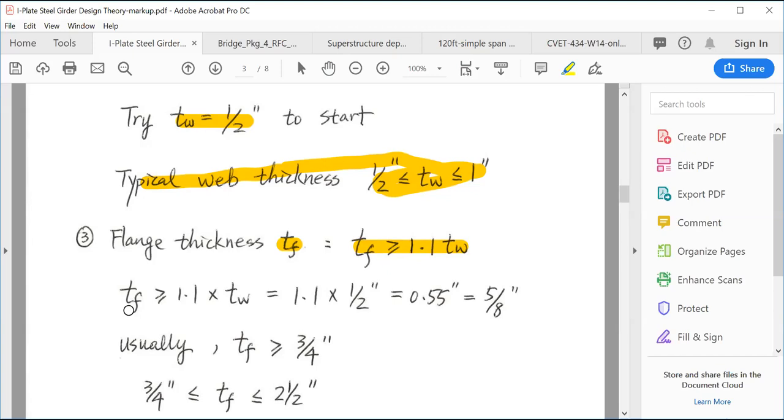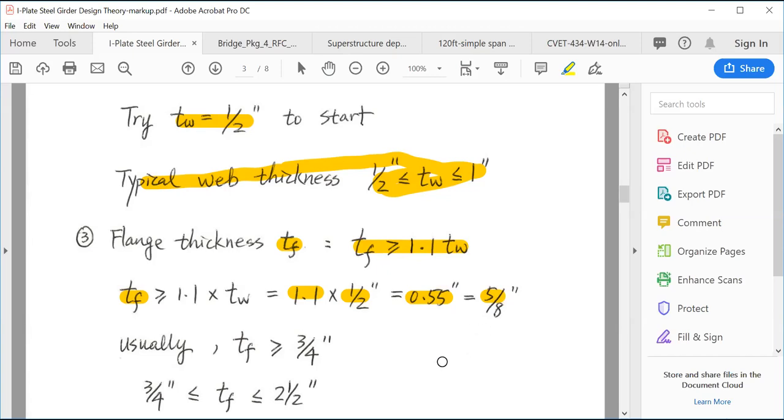If we try a web thickness of 1/2 inch, we can get TF, the flange thickness, equals 1.1 times 1/2 inch, so 0.55. Round up to the nearest 1/8 of an inch, that's 5/8 of an inch.